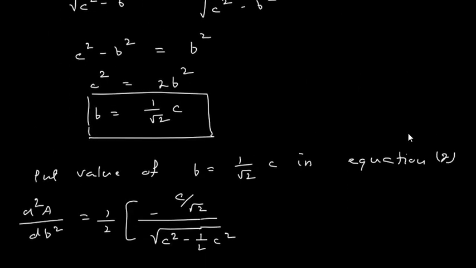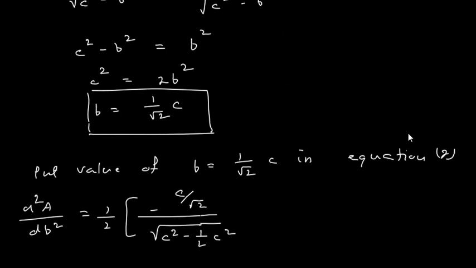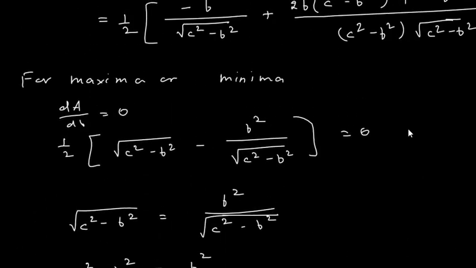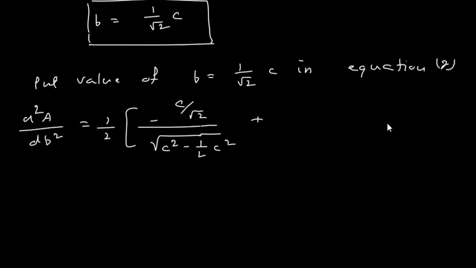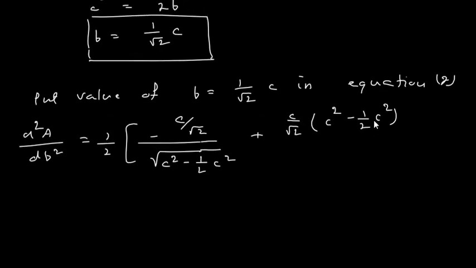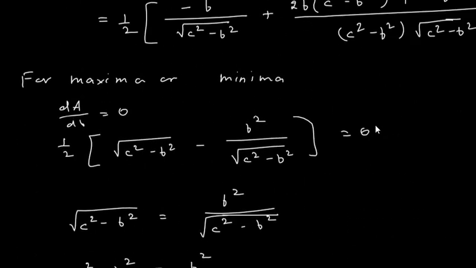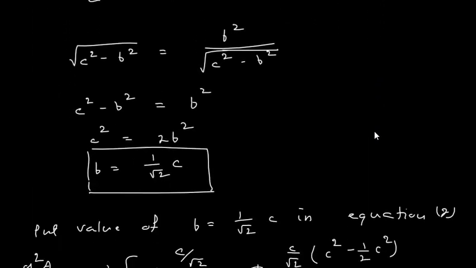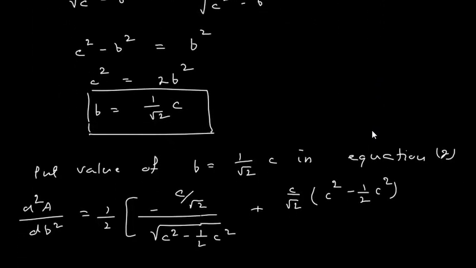Then I have a plus sign, in bracket we have b into c square minus b square, so plus b that is c upon root 2, and inside we have c square minus half c square, plus b cube. So plus b cube means b square into b.